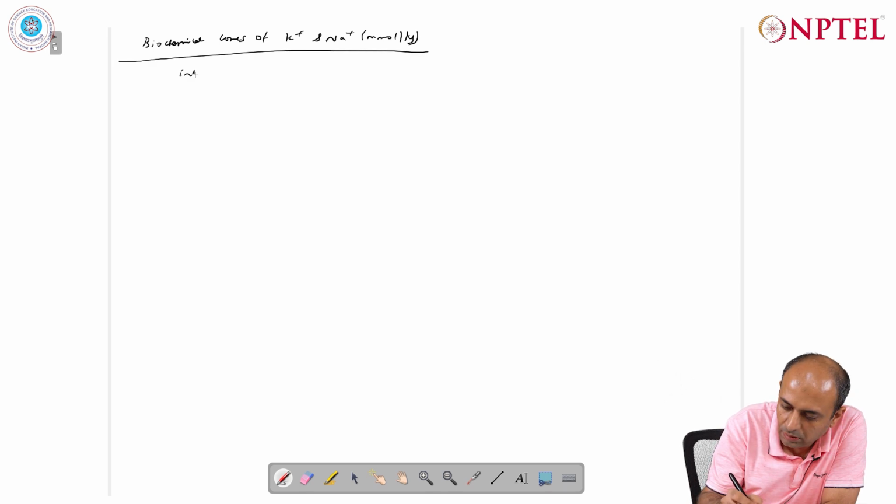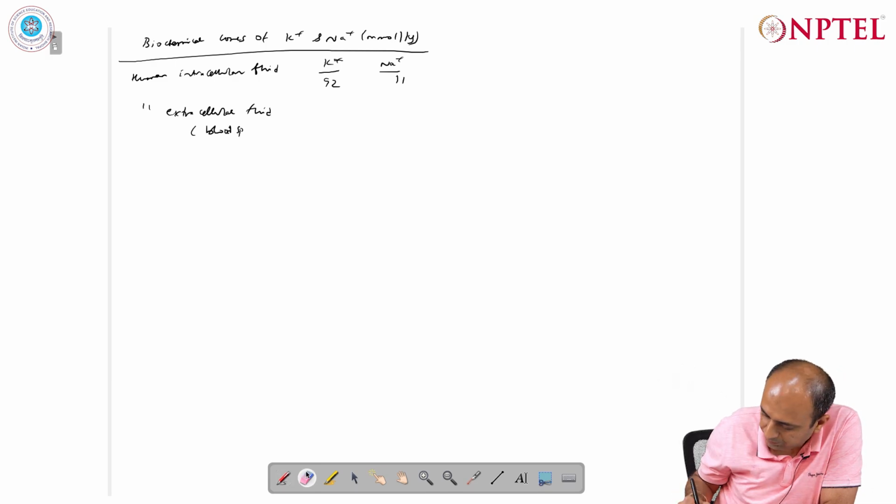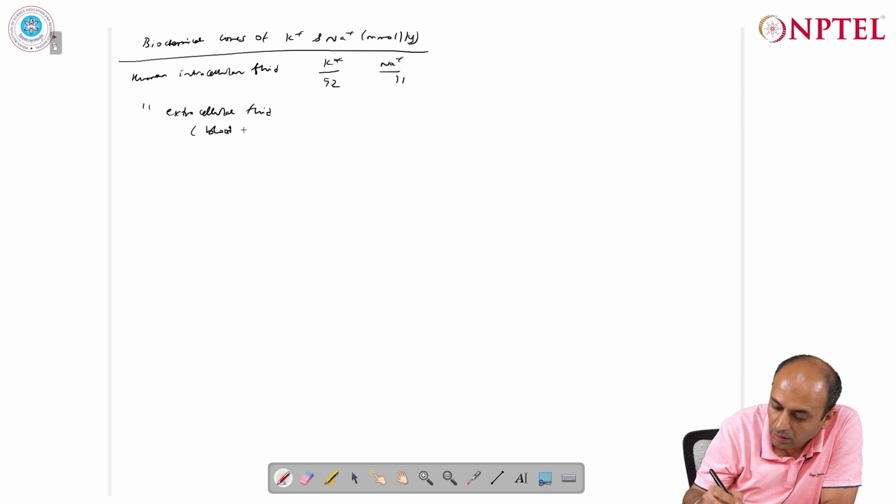In the human intracellular fluid, the potassium ion is 92 and the sodium ion is 11, whereas in the human extracellular fluid, which we also call the blood plasma, it is 5 and this is 152.